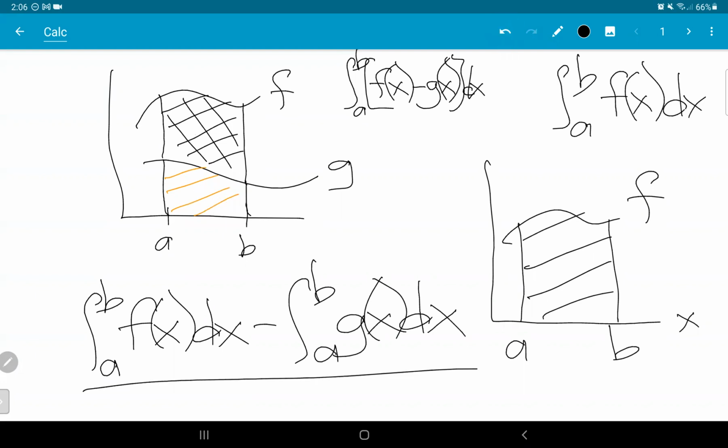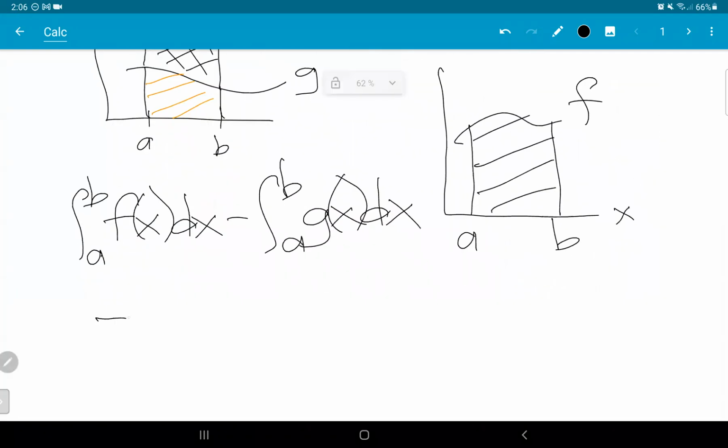Then we can apply the properties of integrals, which state that the integral of a sum or the integral of a difference equals the sum or difference of the integrals. So we can rewrite this as one integral from A to B of F minus G.